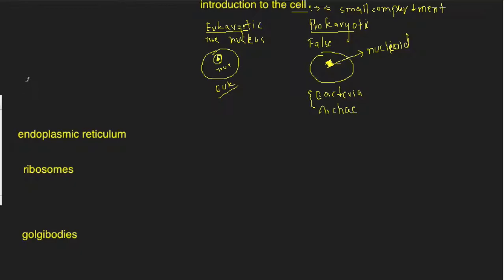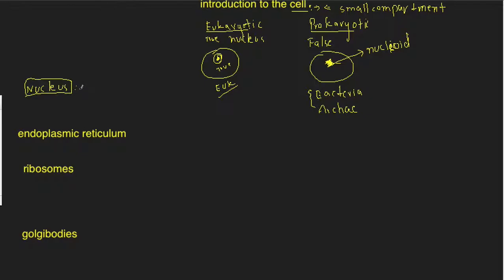In the introduction of a cell, I told you a little bit about the nucleus, that the eukaryotic cell possesses a true nucleus, whereas the prokaryotic cell does not.